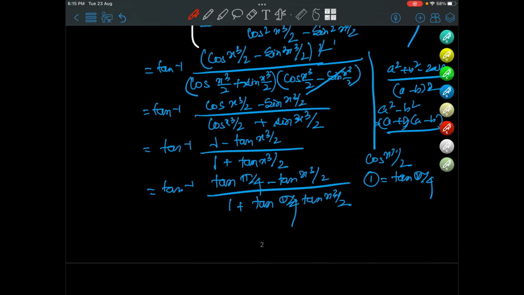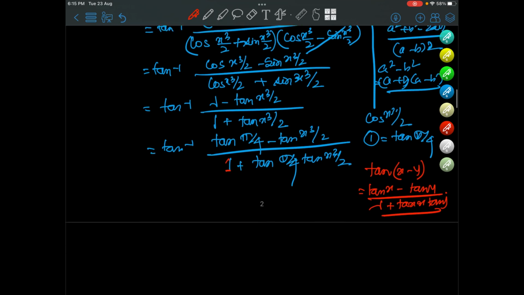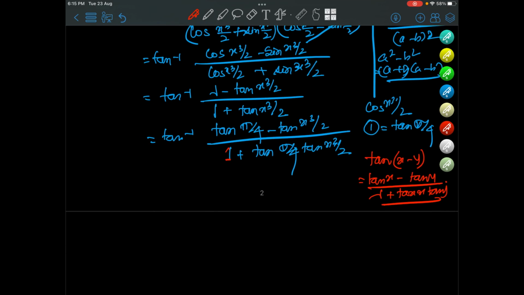Here we can see why we write 1 as tan pi by 4, because there is a formula of tan: tan (x minus y) equals (tan x minus tan y) divided by (1 plus tan x into tan y). That is why I am writing tan pi by 4 multiplied with tan x cube by 2.